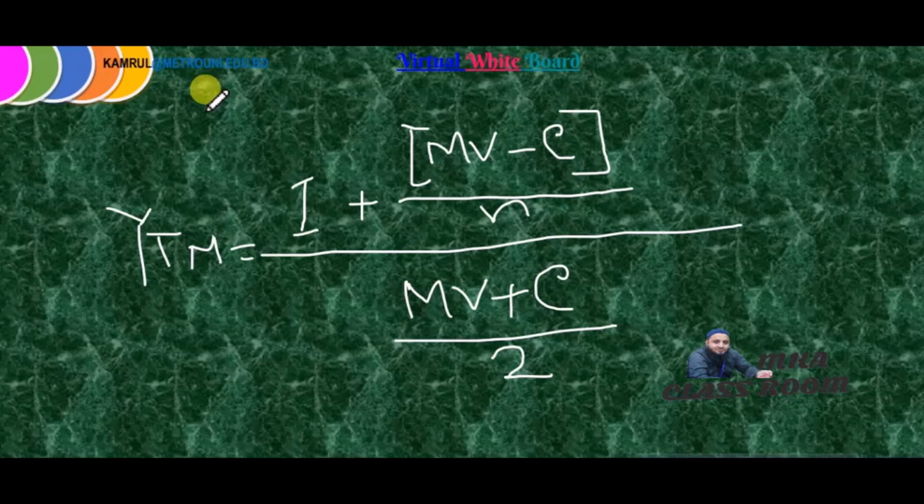Then divided by MV, the maturity value of the bond, plus C, the cost of the bond or current market price of the bond, divided by 2.